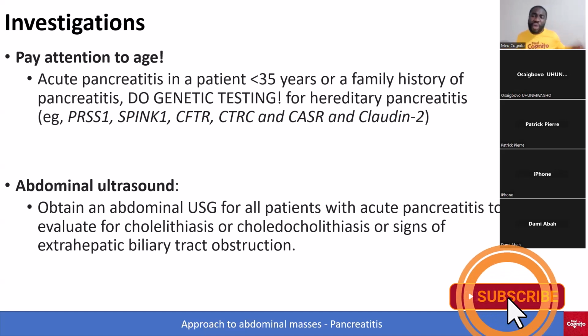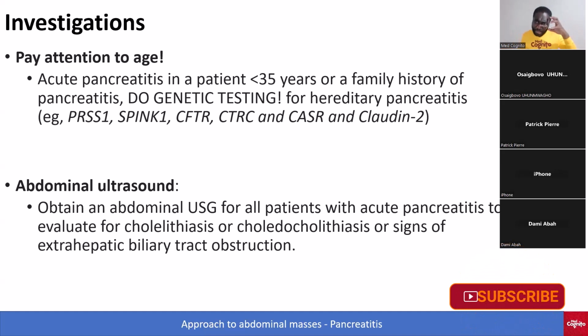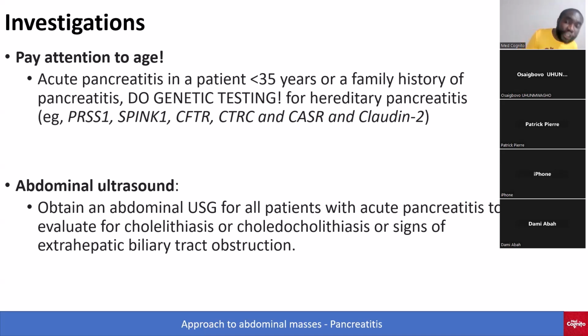Rather, you are checking the gallbladder to see if there are any stones, or any extrahepatic biliary tract obstruction. That is the reason why we do abdominal ultrasound in patients with pancreatitis. It's not to evaluate the pancreas, rather to look for a stone.